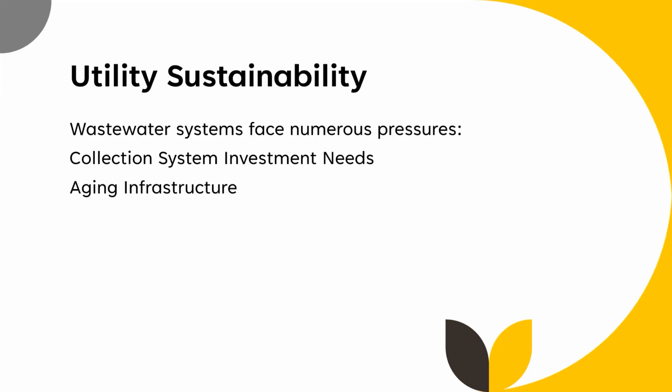Even though you may be in separate departments, from a political point of view and from the financial capacity of your customers, aging infrastructure of water or electric or natural gas utilities will impact what you're able to do as a wastewater system.